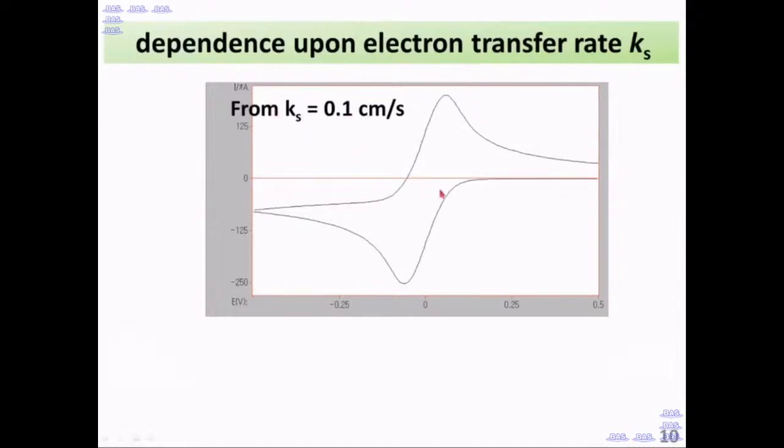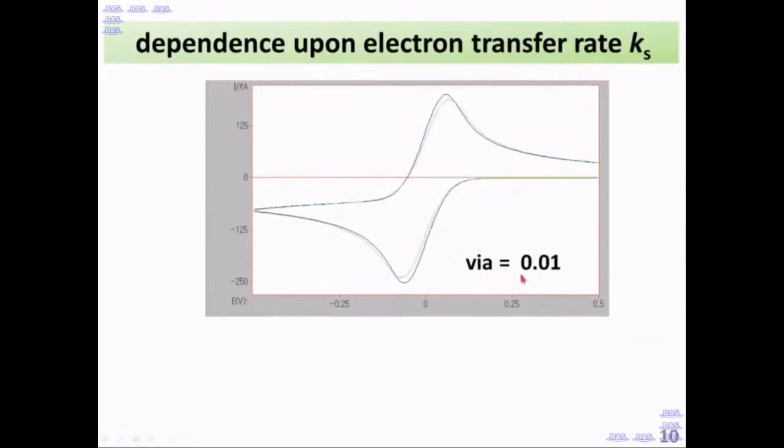From this point, ferrocene is a very important material. Below this point 0.1, the Ks is below, and the peak potential difference widens like this.